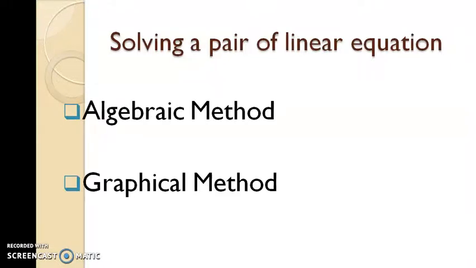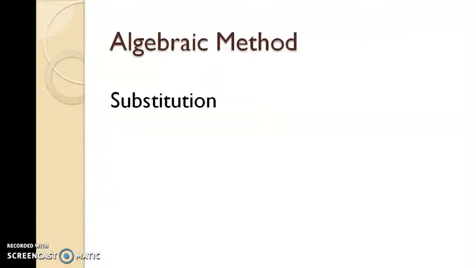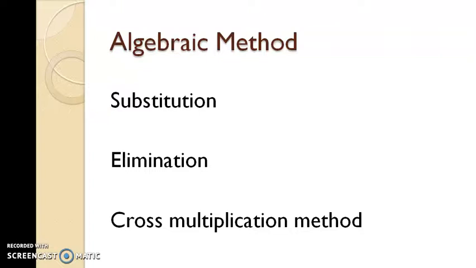Now we are looking at the algebraic method only. Under the algebraic method three methods are available: substitution method, elimination method, and cross multiplication method. So these three methods are available to solve a pair of linear equations under the algebraic method, right?